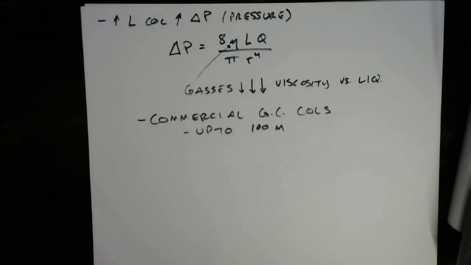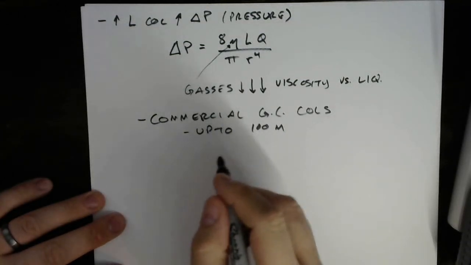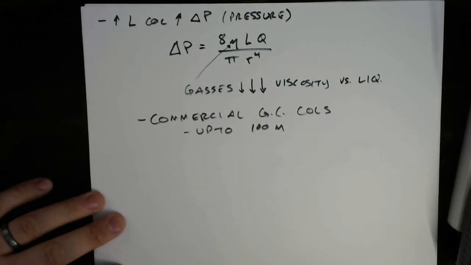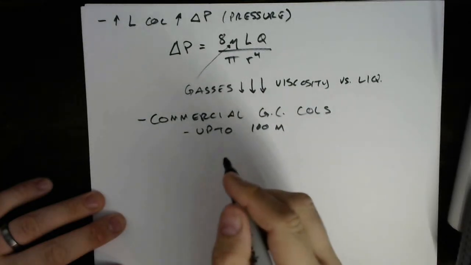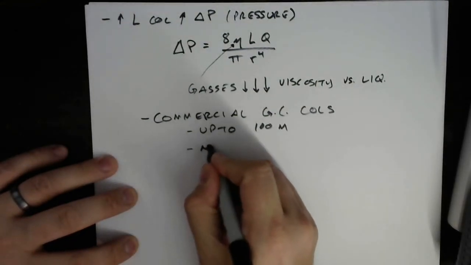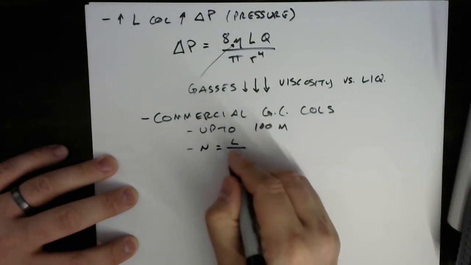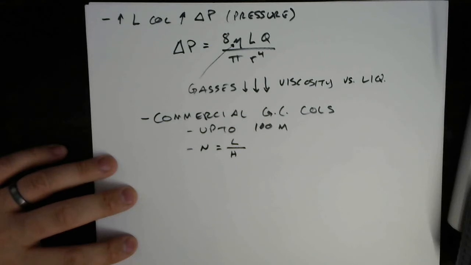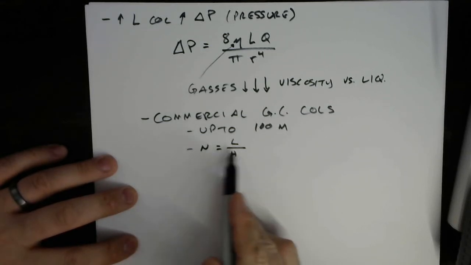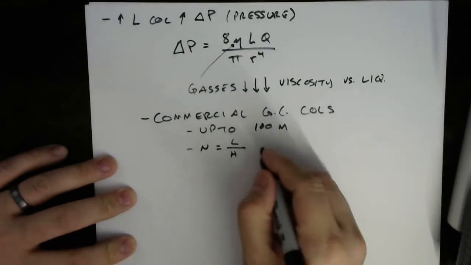Okay, the beauty of these super, super long columns is, of course, we know the relationship between H, L, and N, right? Your number of theoretical plates is equal to the length of your column divided by the height of that theoretical plate. So presuming all the chromatography is the same, the longer you get this column, the higher you get this number of theoretical plates.